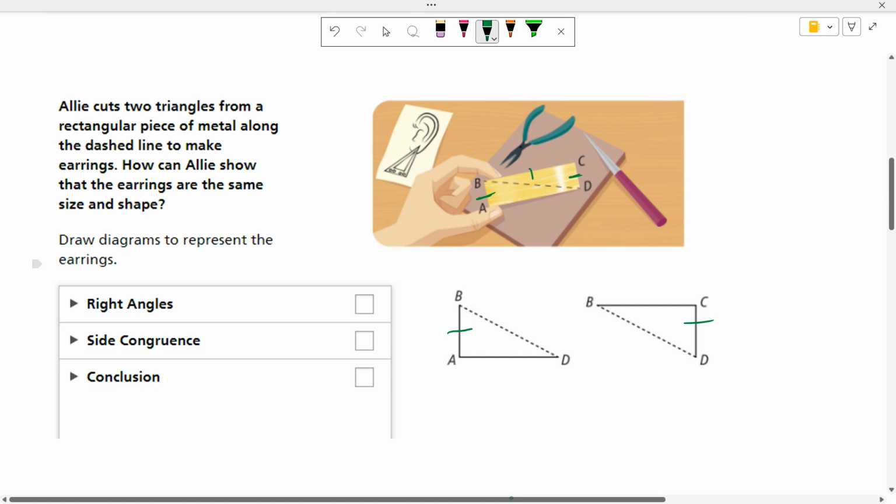We know that side BC is congruent to AD because it's a rectangle. And rectangles have right angles, so angle A is congruent to angle C. So I have side angle side here, and side angle side here. So yes, the triangles are congruent by side angle side.